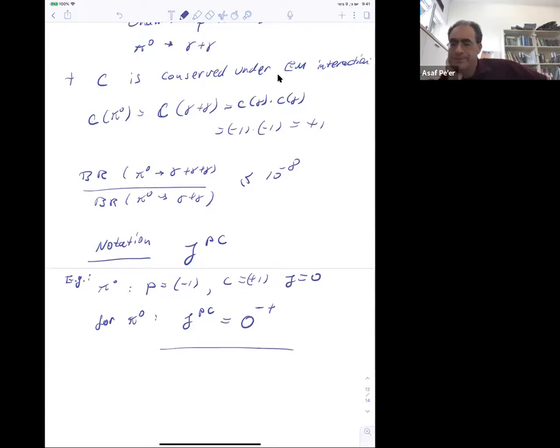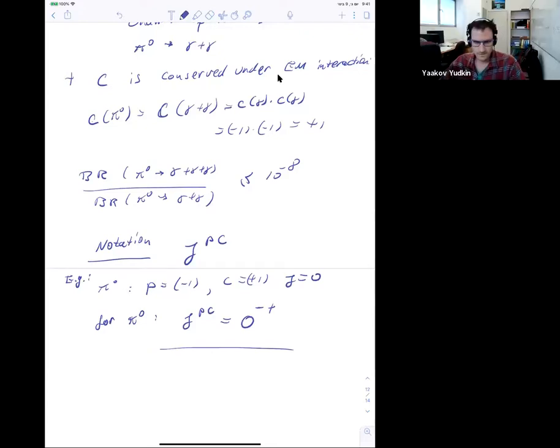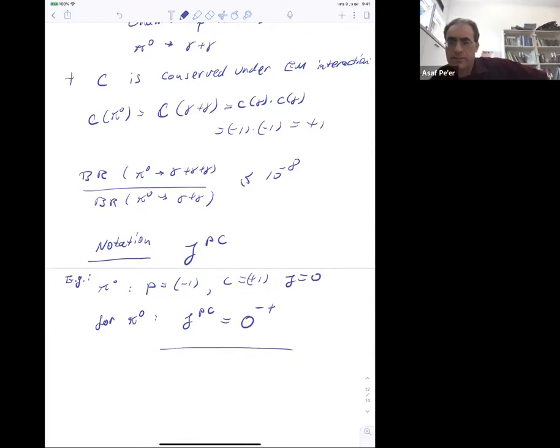Yes, question. If you say that C is conserved, then I would expect the pion decaying to 3 gammas to be never, not smaller than some finite number. Yeah, you're right. I think this is the experimental result. I don't think it ever happens.